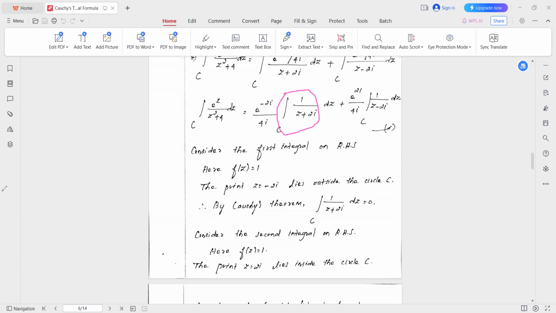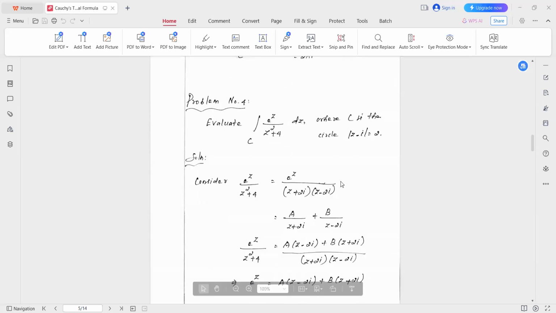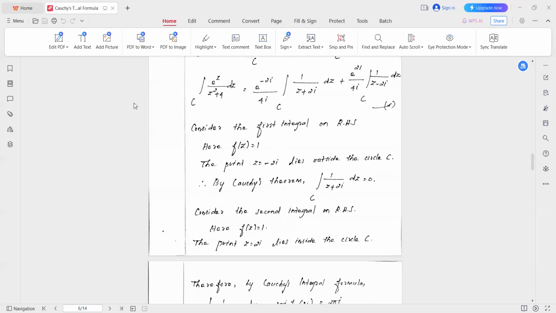For that, what do we have to do? What is our circle? Modulus of z − i is equal to 2. So this is our circle. Here, in place of z, we substitute the value −2i. So −2i − i is equal to the modulus of −3i, and the modulus of −3i is equal to 3, which is greater than 2.